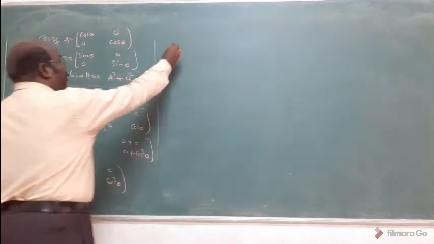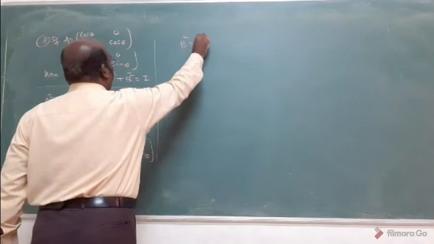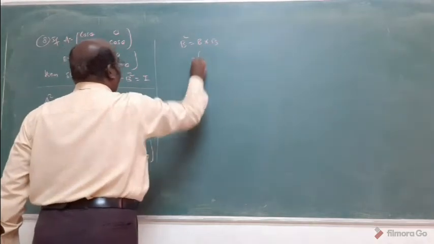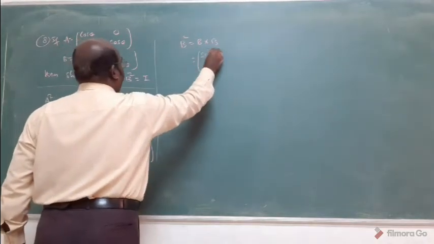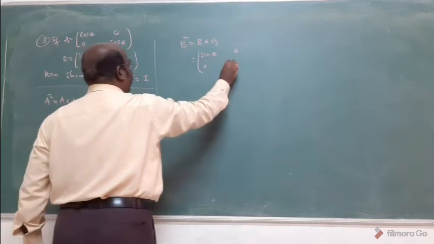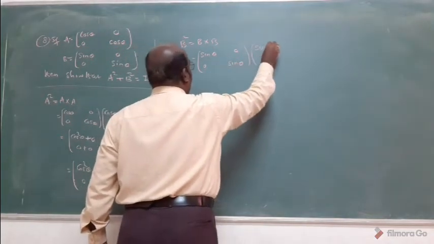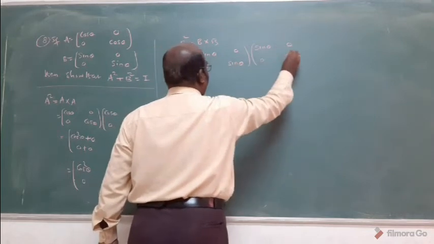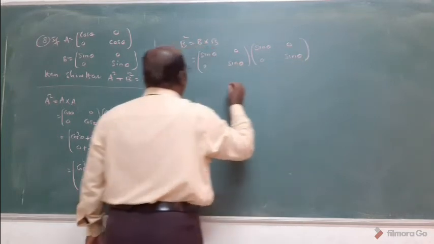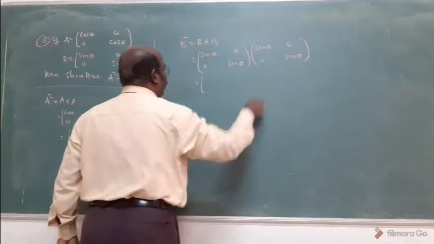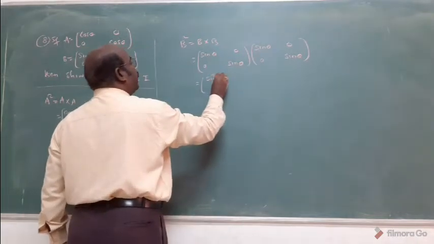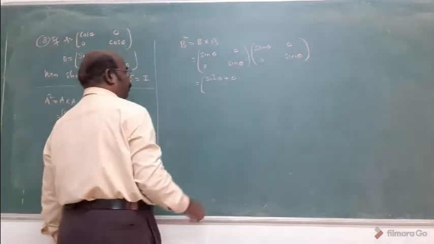Similarly you find B square. B square is what? B into B. Same thing. B is sin theta 0 0 sin theta, again the same, sin theta 0 0 sin theta. Now multiply. First row first column: sin square plus 0 into 0.